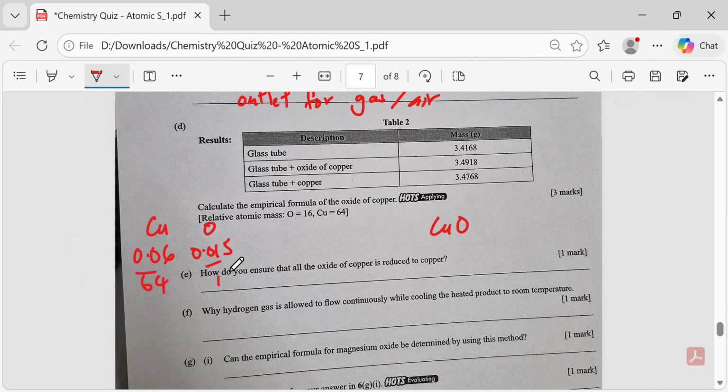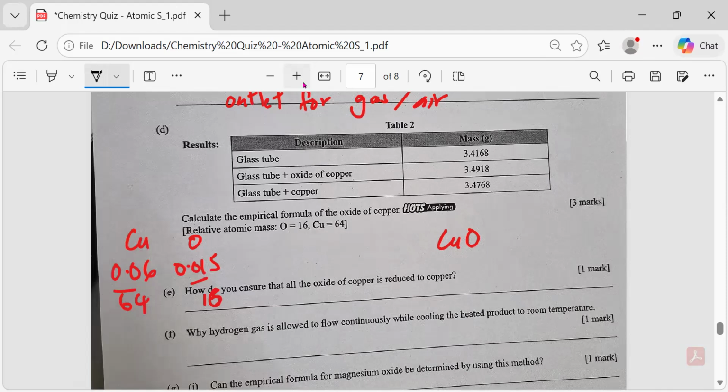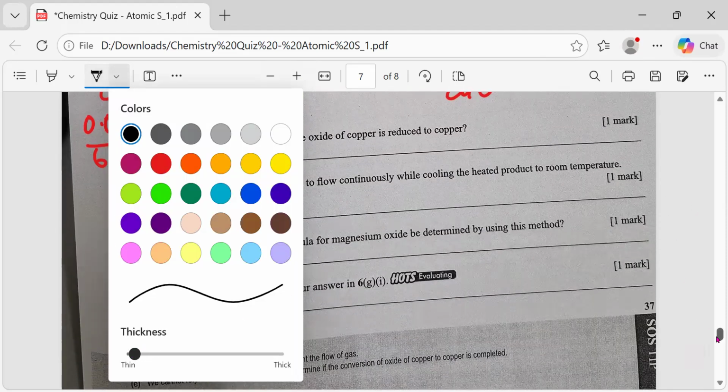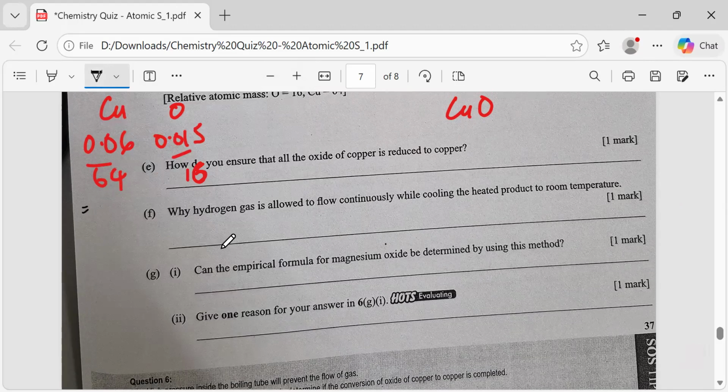This one 64, this one 15. Oxygen is 16. So you get a ratio of 0.0009375. So what's the ratio? 1 to 1.